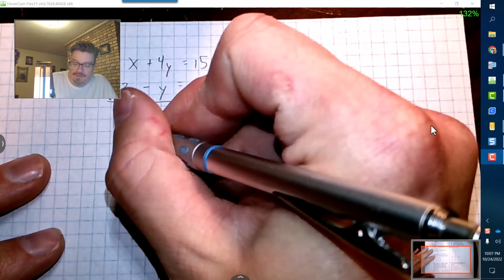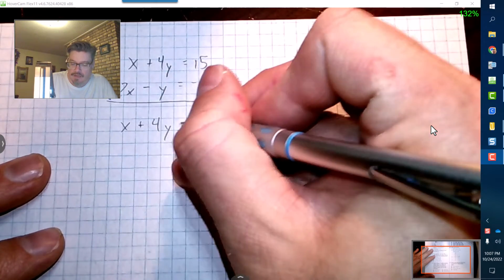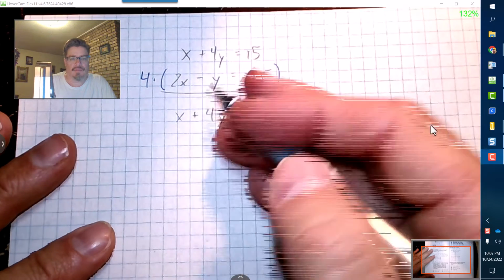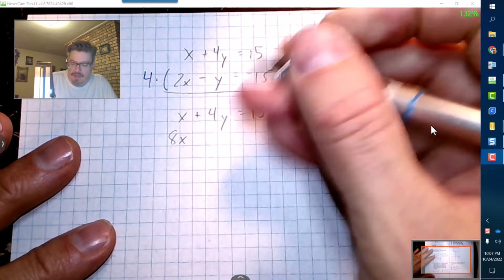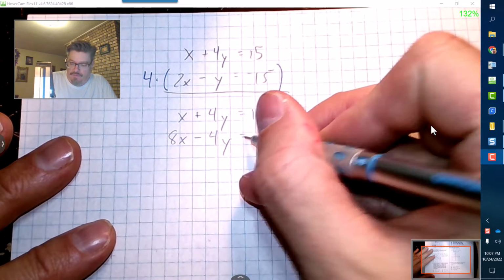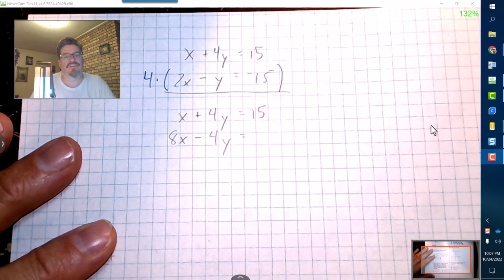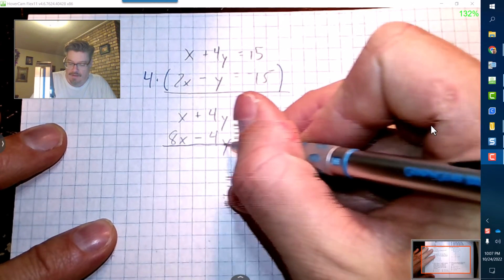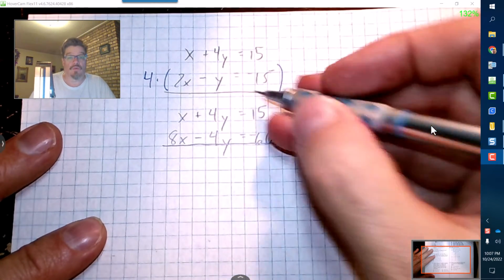I'm going to rewrite the first line, because he's not changing, but this one is. Now when I multiply by 4, I'm going to get 8x, negative 4y, which is what I want, and 4 times negative 15 is going to give us negative 60. Okay. All right, so the y's go away.